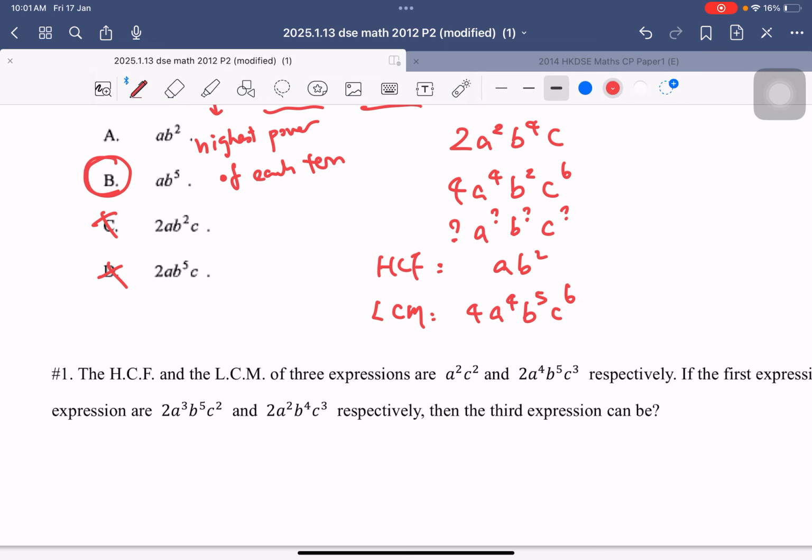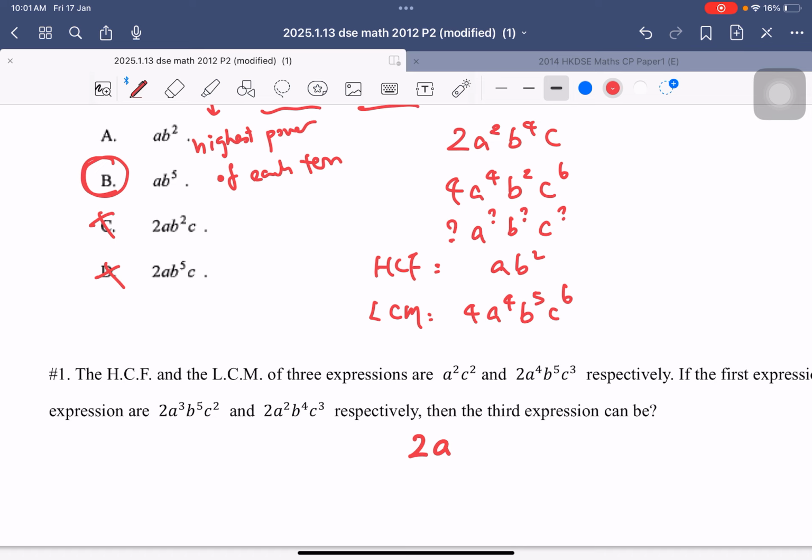So we have the numbers a^2 b^3 ... and b^5 c^2, 2a^2 b^4 c^3, isn't it? So the number should be a number times a to the power of something, b to the power of something, c to the power of something, isn't it? So the HCF is equal to a^2 c^2.